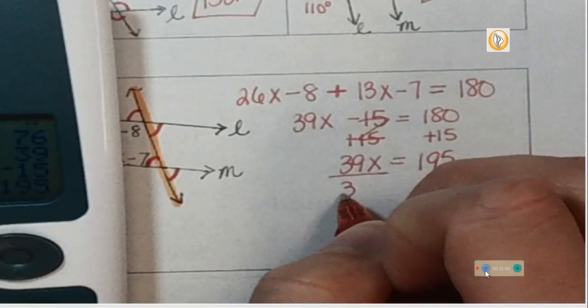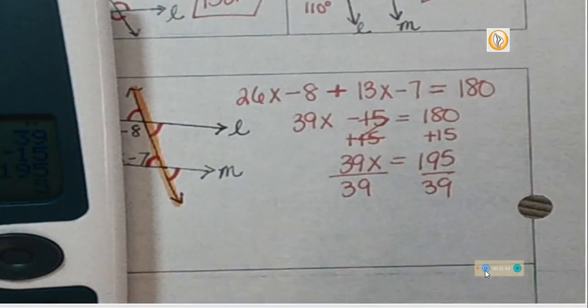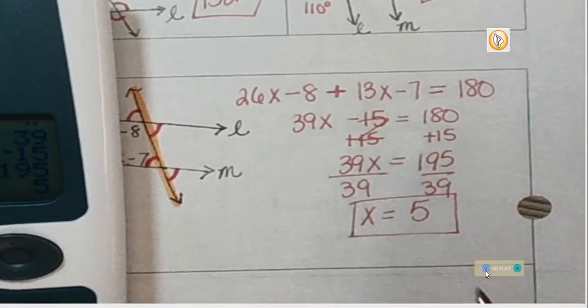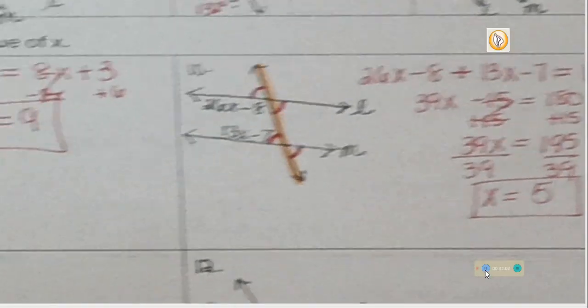And I'm going to divide by 39. X equals 5. The reason I'm finding x is because that's all it told me to do, was find the x.